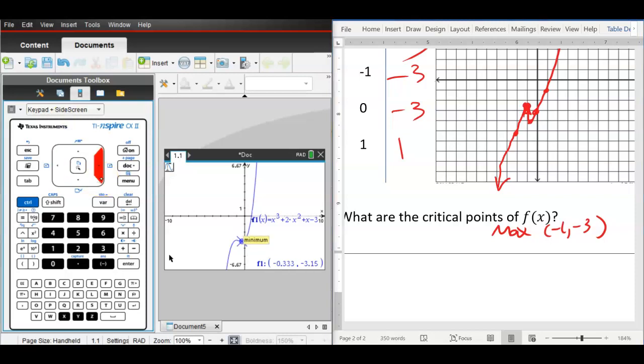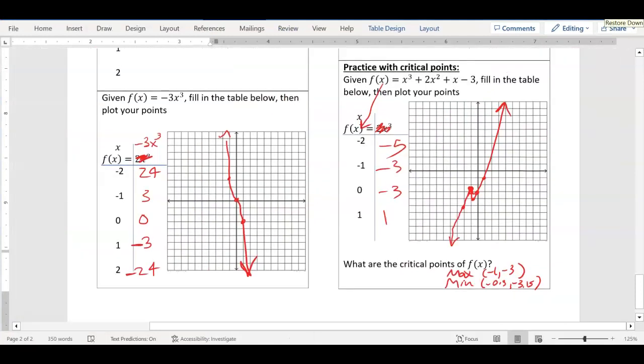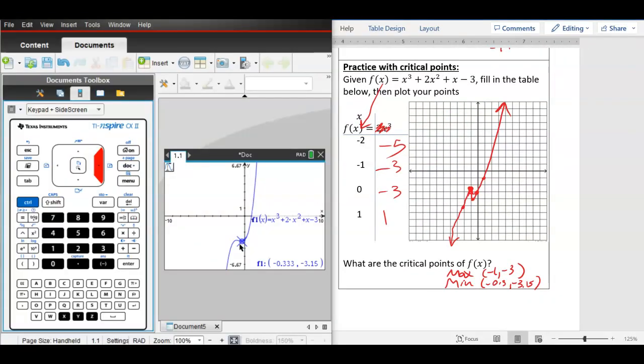And if I go to the right a little bit more, I get a minimum at -0.3, comma, -3.15. Do you see how those are called critical points? Because they are where it changes direction at a max or a min.